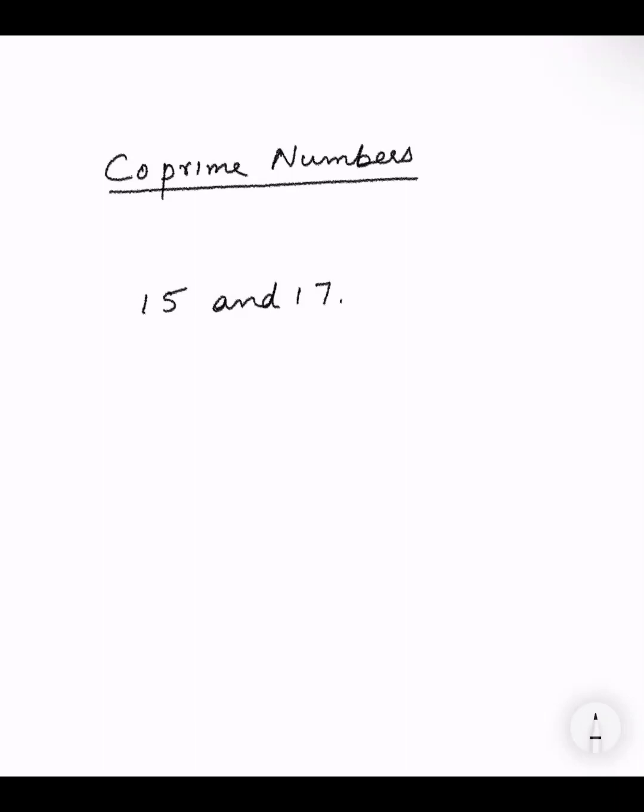If I'm trying to find the HCF using the prime factorization method, 15 is 3 into 5, whereas 17 is a prime number, so it doesn't have any factor other than 1 and 17.